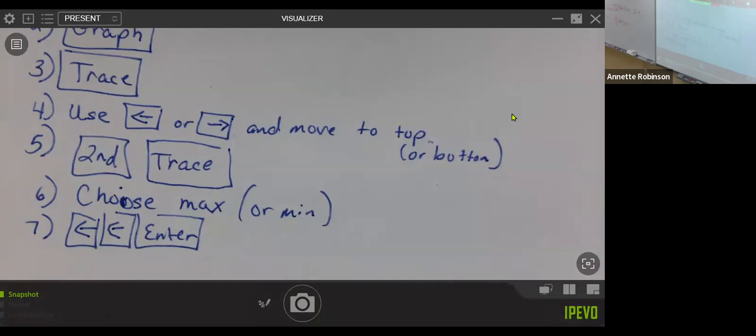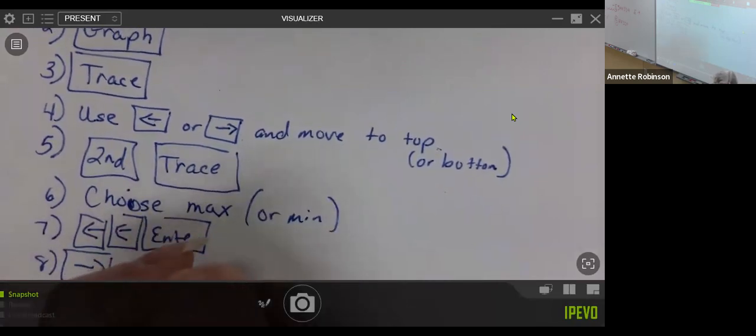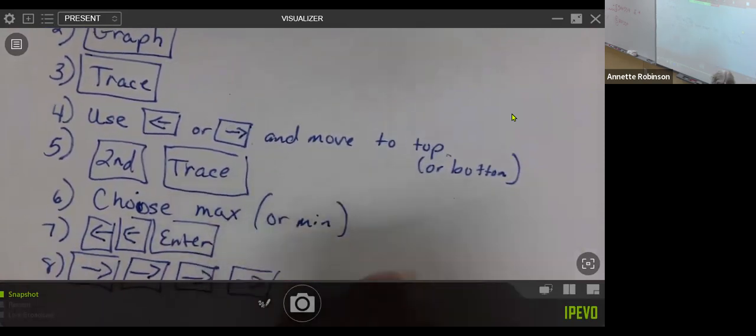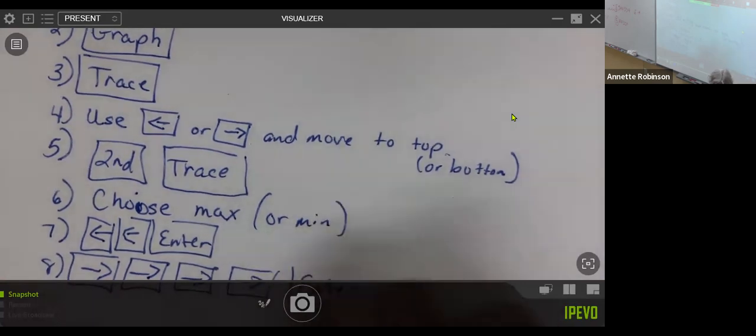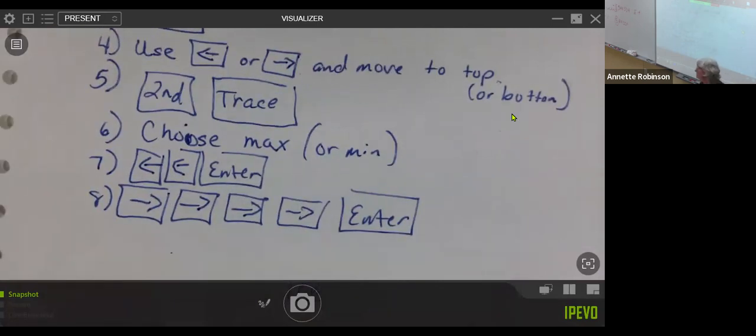Now, arrow key 4 times and enter. I'm sorry, I made a mistake, so I'll correct it: 2 to the left, 4 to the right.